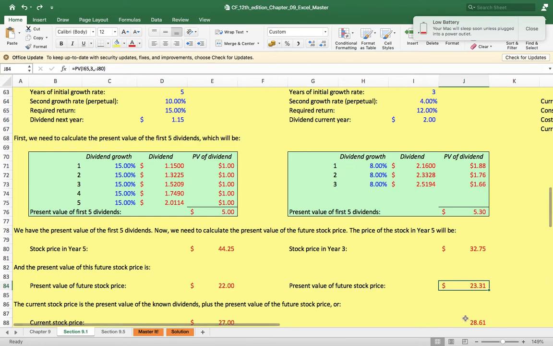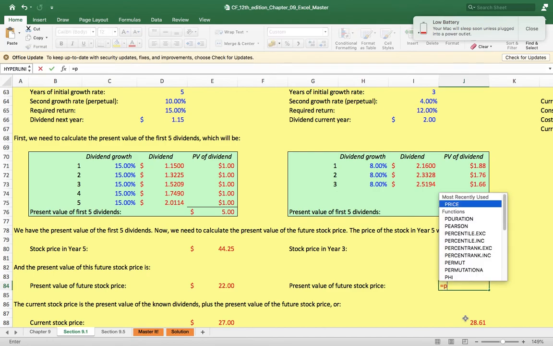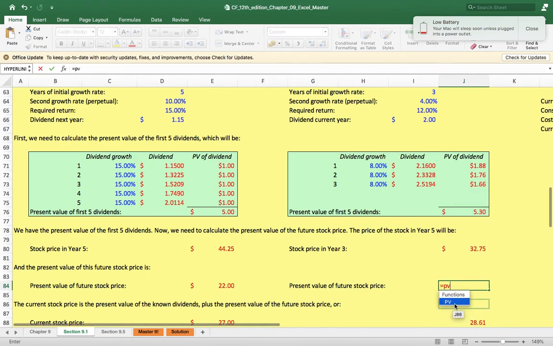How we will calculate the present value of the stock? The same formula like present value, rate, period, then there is no payment, so payment comma, future value is 32.75. So present value, the rate is equal to 12%.